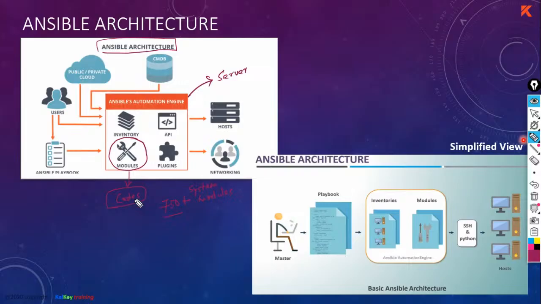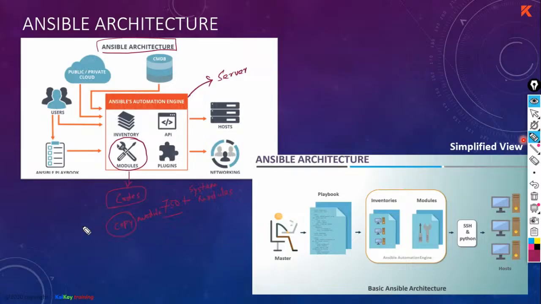Let's say you want to copy a file from your server to all of these hosts together. There is a copy module already inbuilt. This copy module will help you. You do not need to write code. The code is inbuilt as a module.